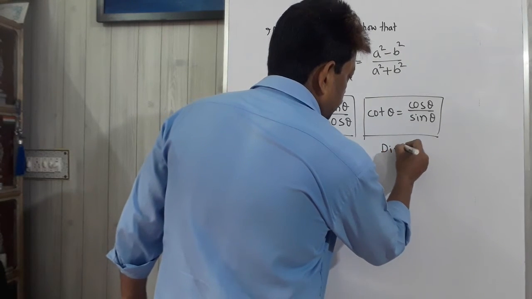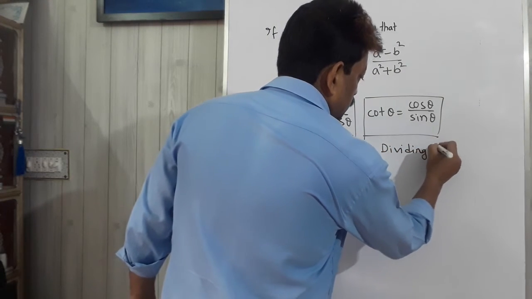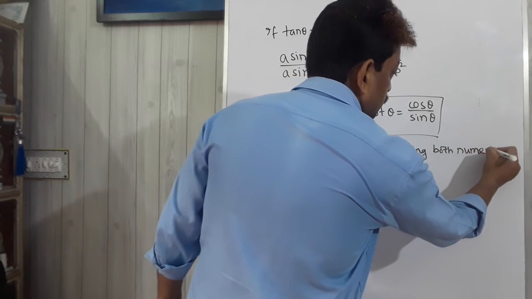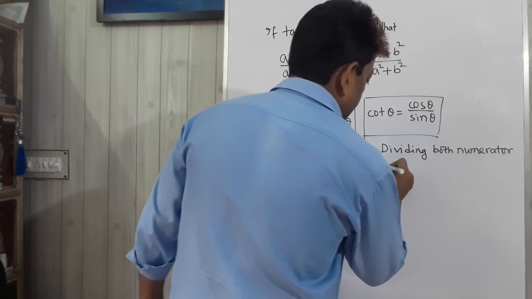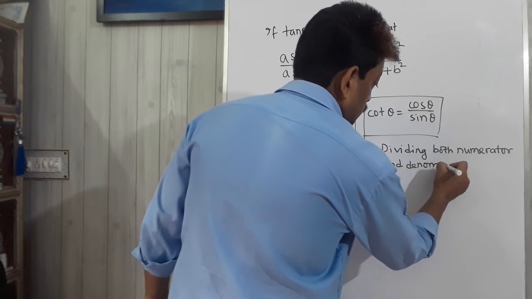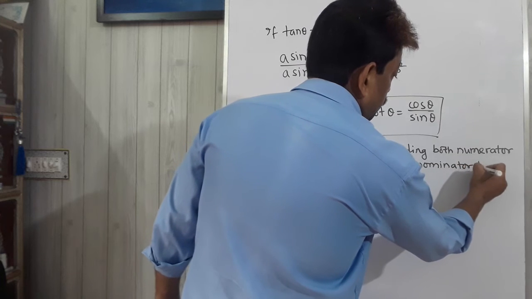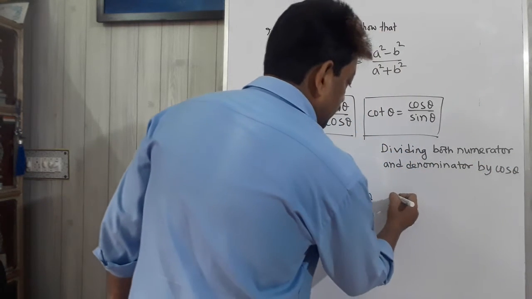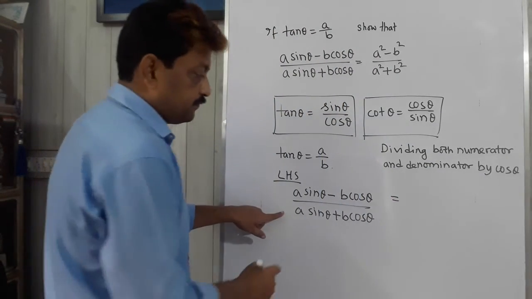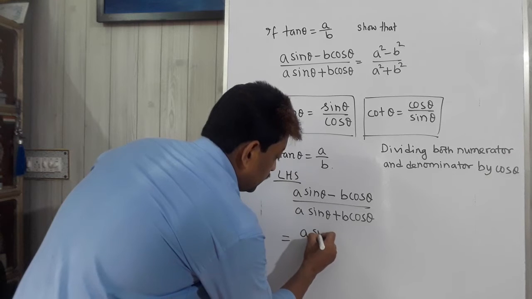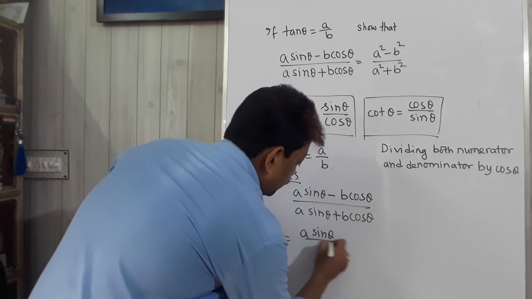So dividing both numerator and denominator by cos theta, what are we getting after this step?